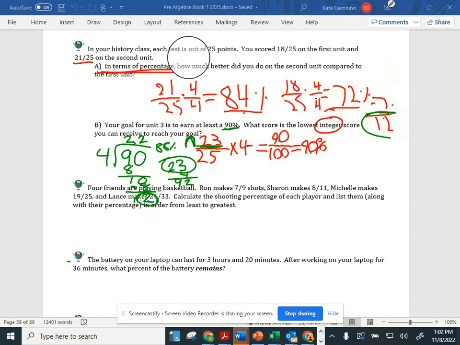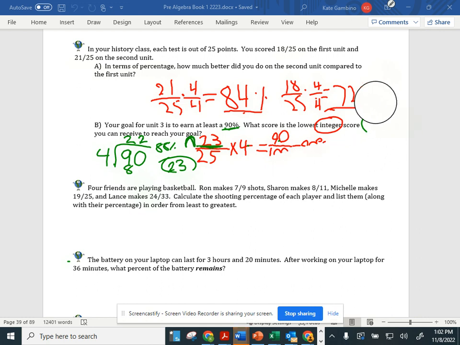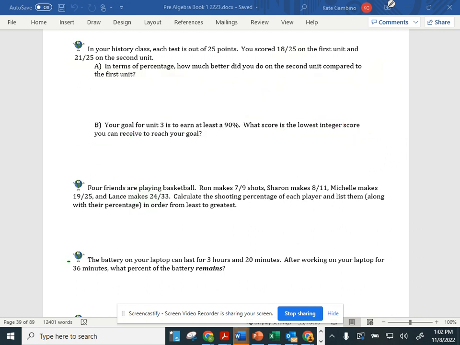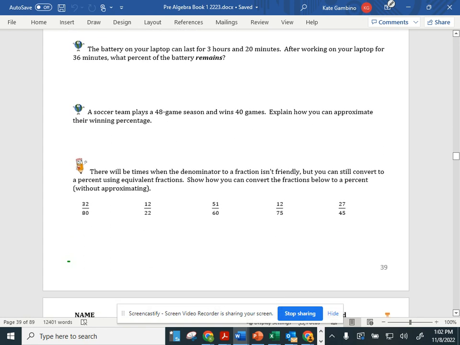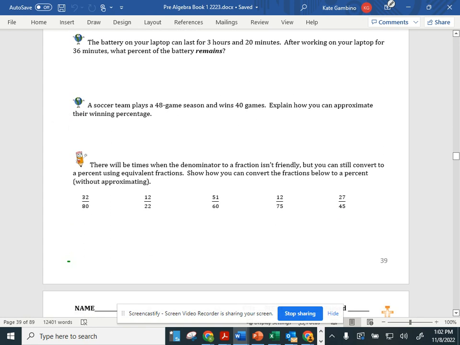So these word problems on here are multi-step problems. So you have to just slow down and really give yourself time to work through it. So we've got our word problems, and then we have the bottom.